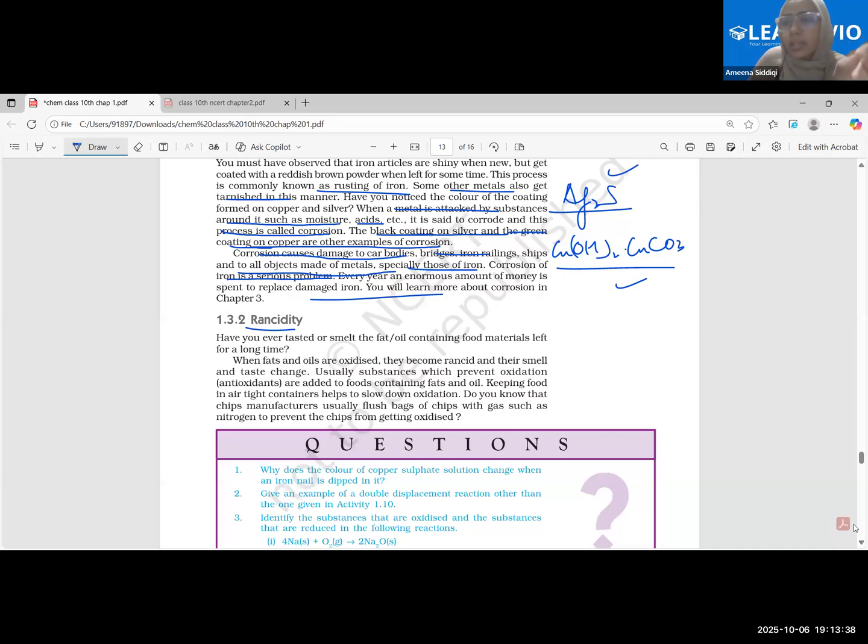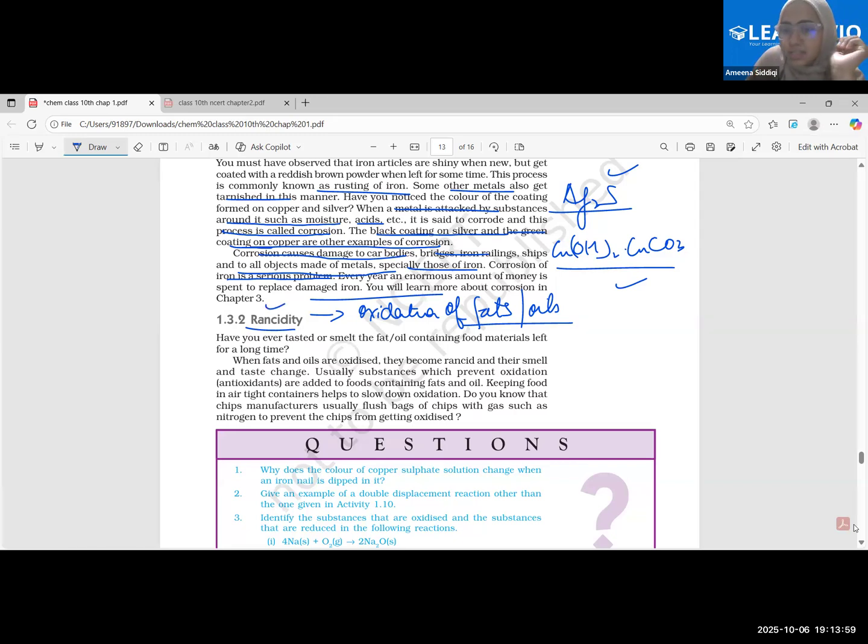Rancidity is also nothing but the effect of oxidation in day-to-day life. Rancidity is oxidation of fats or oils. Corrosion is nothing but the oxidation of metals or other objects. Specific oxidation of fats and oils is nothing but rancidity.